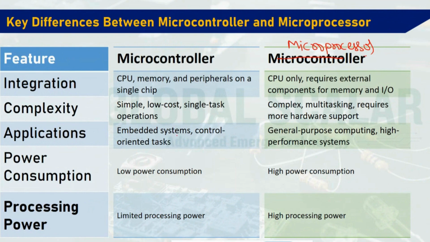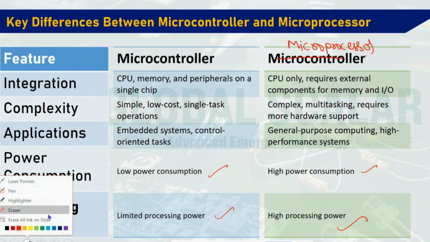The application of a microcontroller is embedded systems and control-oriented tasks, while the microprocessor is a part of general purpose computing and high performance systems. The microcontroller has low power consumption, and the microprocessor has high power consumption because externally we are able to configure it. Processing wise, the microprocessor has high processing power, and the microcontroller has limited processing power. So these are the major differences between the microprocessor and microcontroller.